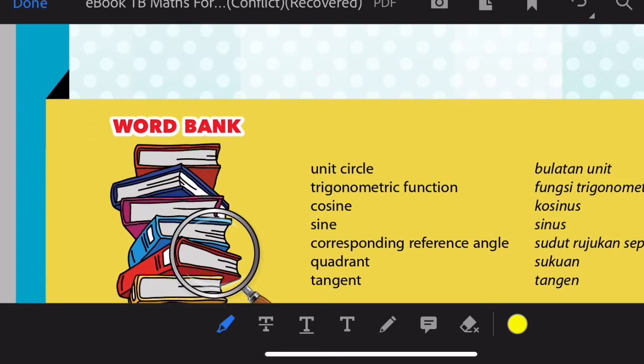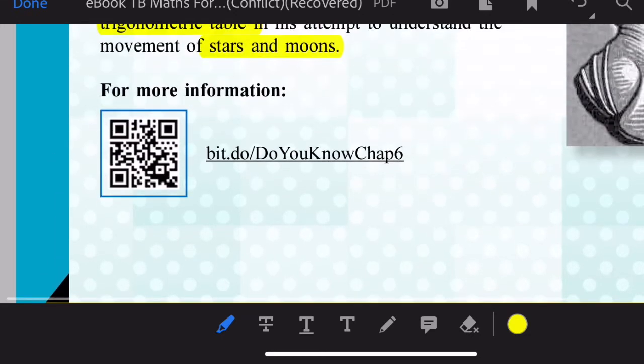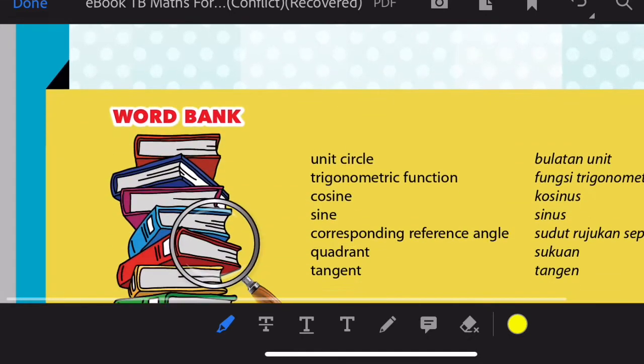The history of trigonometry, part 1, actually talks about the early astronomy and the beginning of a mathematical science. So you can go through the history of trigonometry, which is very interesting. Alright, so let's proceed to the next one.